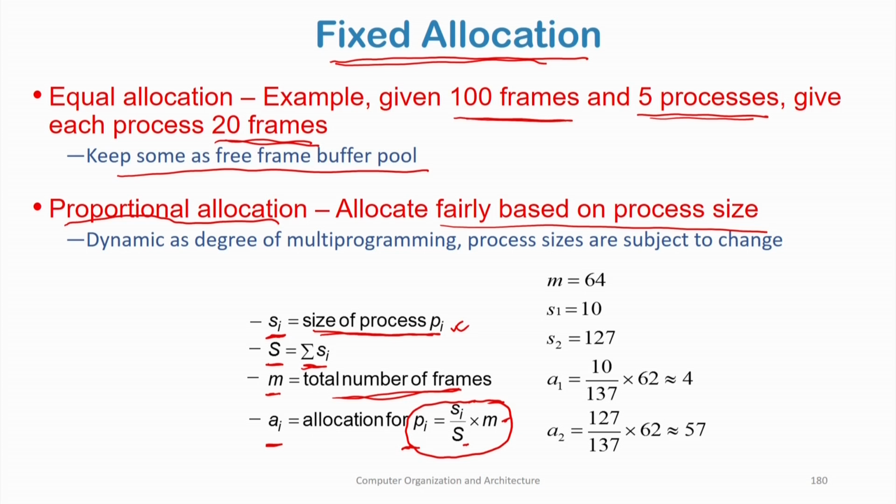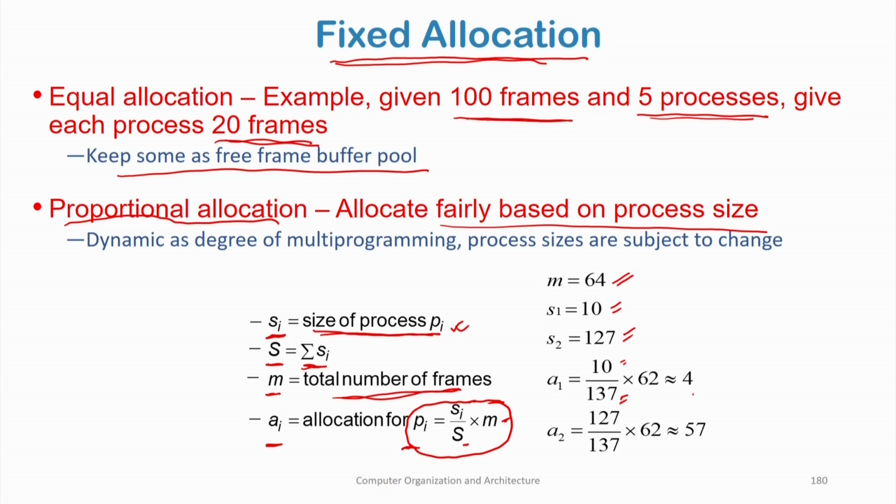For example, let us say I have 64 frames in physical memory, and S1 has a size of 10 virtual pages, S2 has a size of 127 virtual pages that it requires. So, the total number of pages, summation Si, is 137, out of which S1 has a size of only 10.